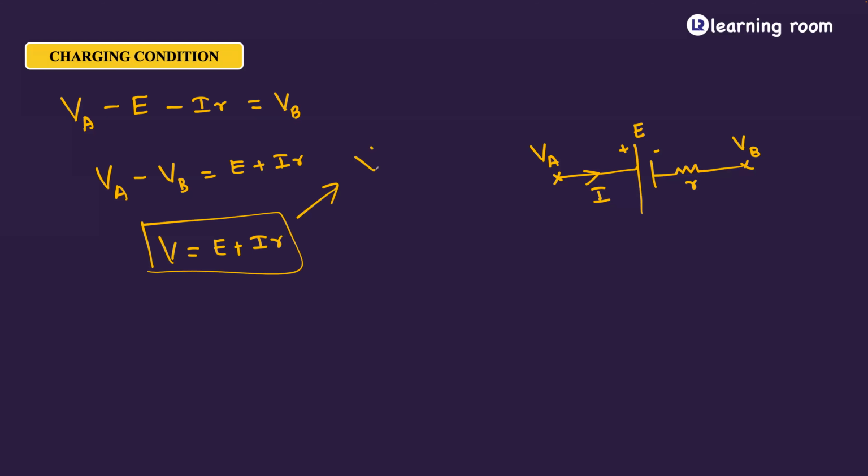So during the case of charging, V is greater than E, whereas in the case of discharging, V is always less than E. Is this point clear? Yeah. Shall I proceed?